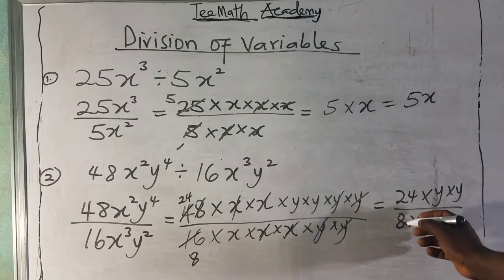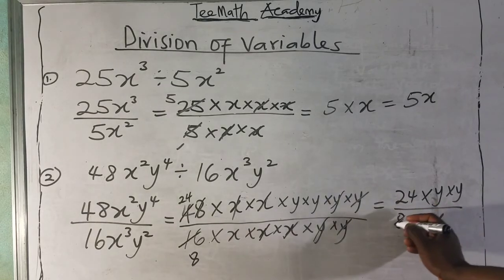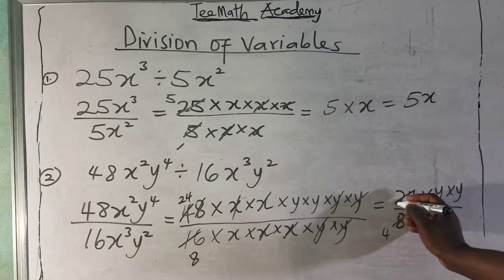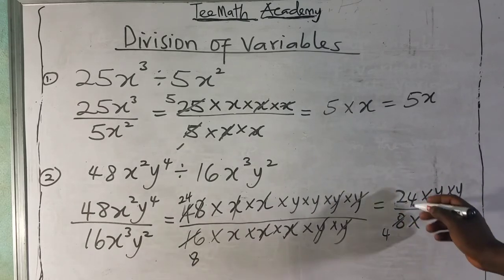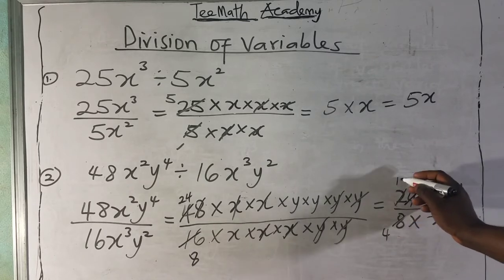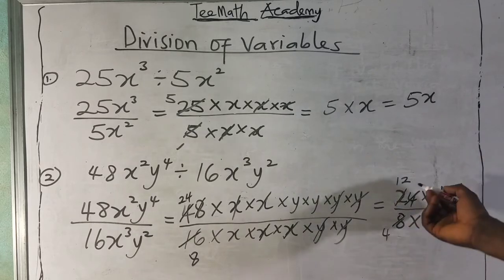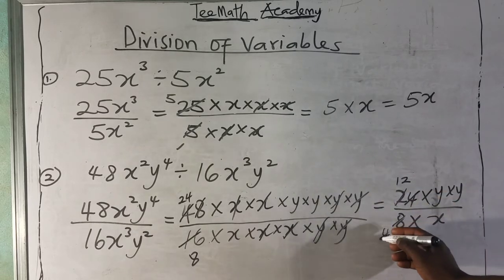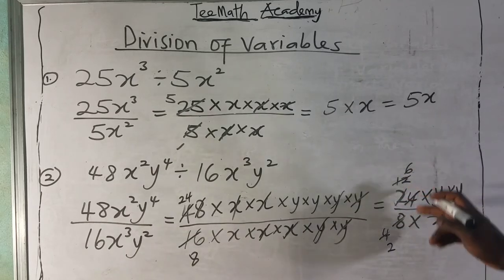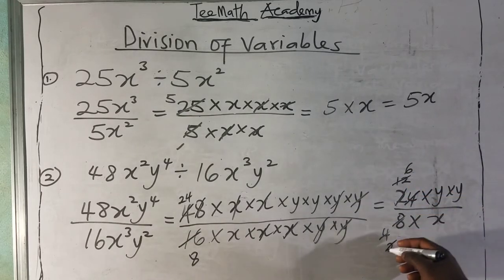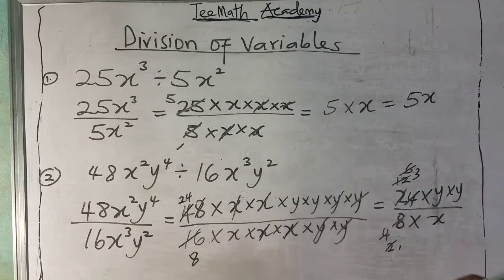But if you look at this 8 and 24, 2 can still bring them down. 2 in 24 is 12, 2 in 8 is 4. 2 can still go between 4 and 12. In fact, 4 can go into 12, but just let me break it down. 2 here is 2, 2 in 12 is 6 times. 6 and 2, 2 can still go. 2 here 1, 2 here 3.